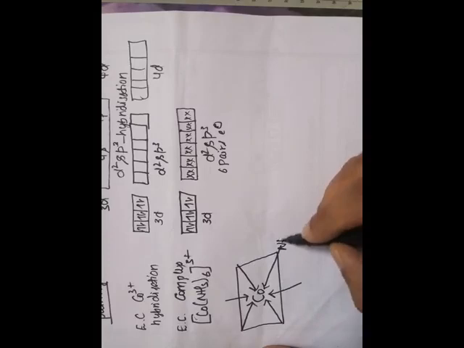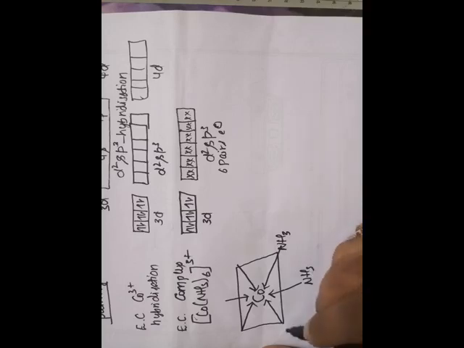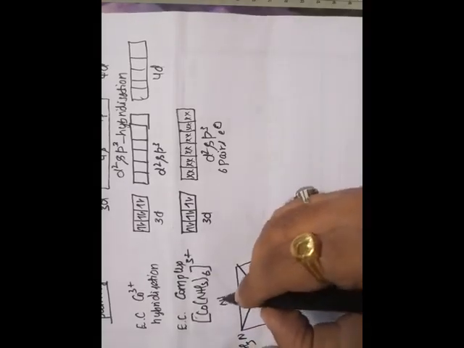The 6 ammonia ligands are present at the 6 corners of a regular octahedron.